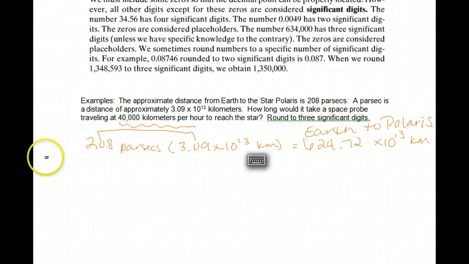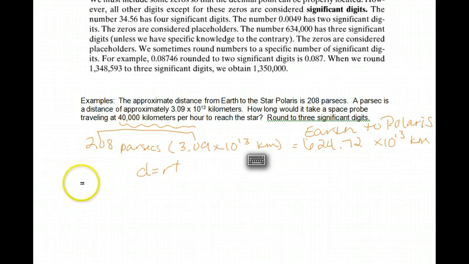Okay, now the next thing that we would want to do here is focus on the distance formula, D equals RT. And the reason I suggest this is because we know the distance from Earth to Polaris, and we know the speed that the space probe is traveling, and what we're looking for is the time that it's going to take that probe to get there.